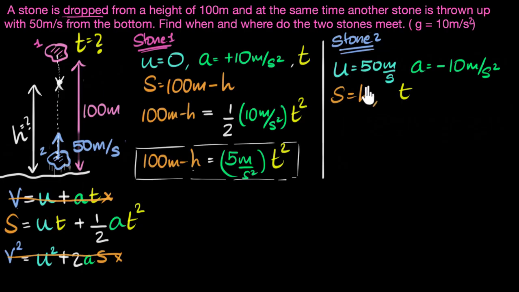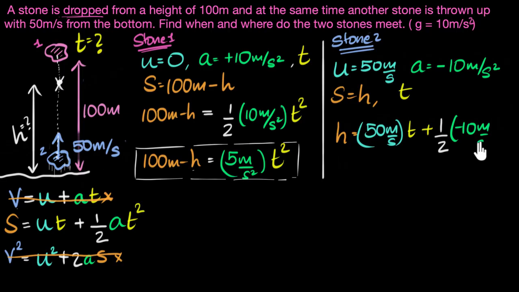So which equation would we use to connect them? Well, the same equation for the same reason, right? We don't want final velocities. And so if we substitute, we'll get s, which is h in our case, h equals ut, that's going to be 50 meters per second t plus half a t squared.